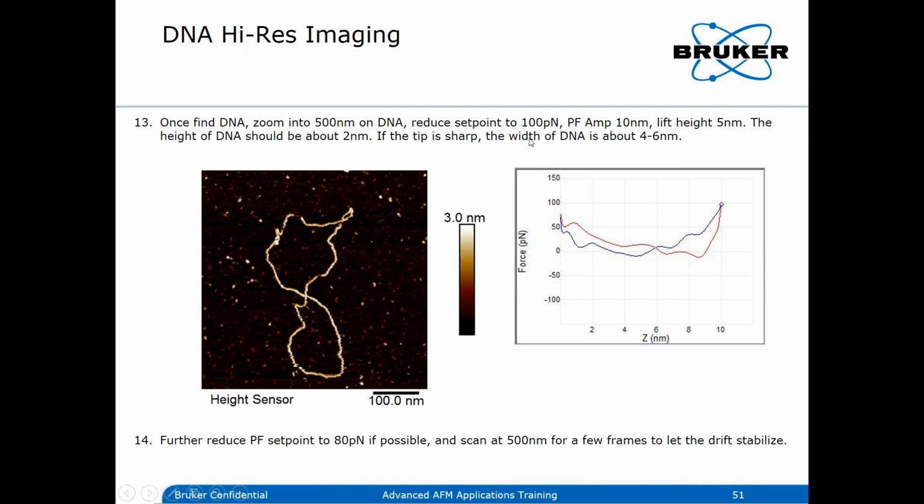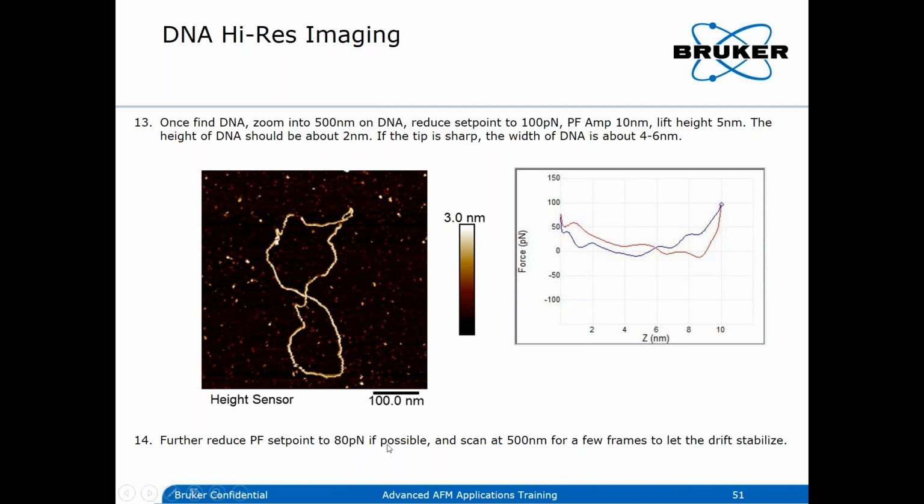If you have a sharp tip, the width of the DNA will then show you at 4 to 6 nanometers, which means basically this is something which is available all the time, or that you always see in the XY AFM image. In X and Y, you also see a contribution of the tip to the width of the features.